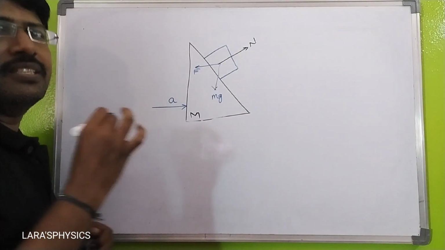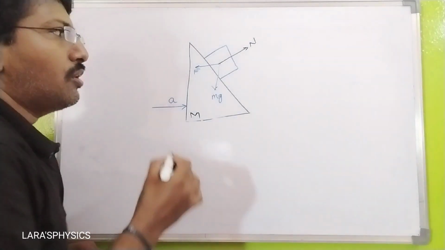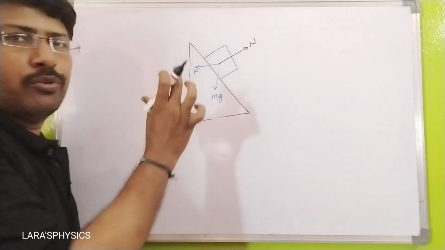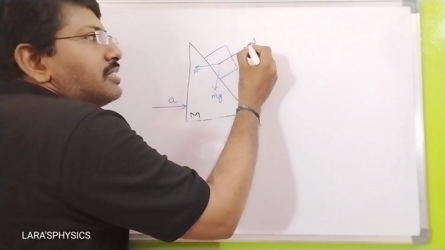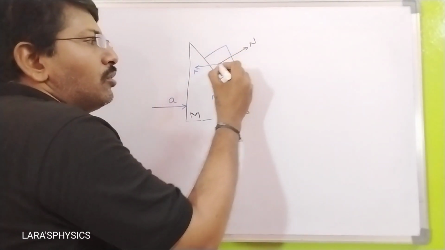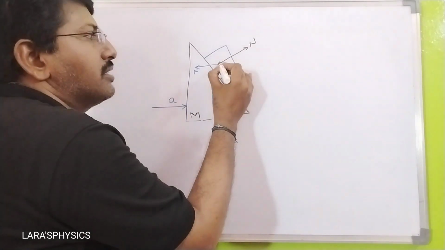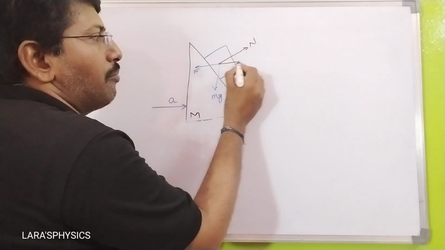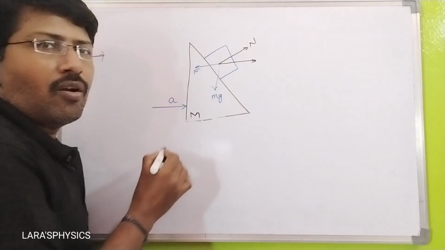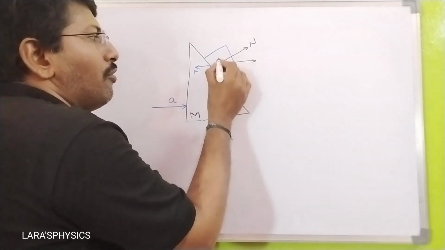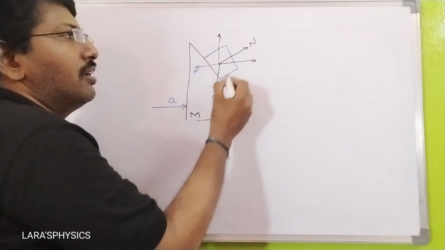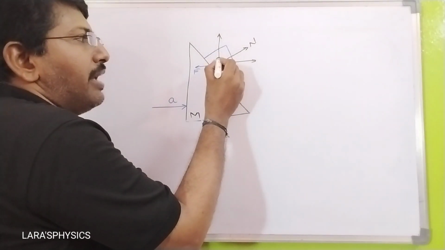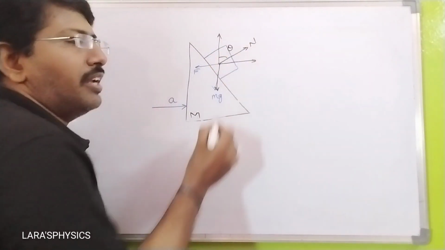Now if it is in equilibrium position, if it is at rest, then this normal reaction is resolved into two components. One is along the force and another is along the weight mg. If you see here, it makes an angle theta.